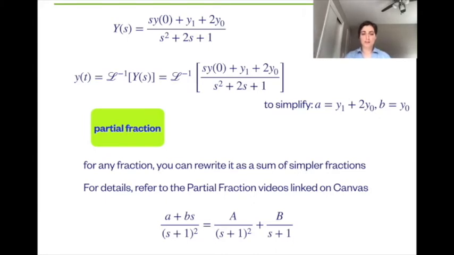When you have repeated roots, so here we have s plus 1 squared, then you have to deal with the fraction with s plus 1 and the fraction with s plus 1 squared. But you gain the fact that now you have capital A and capital B and no dependency on s on the top.